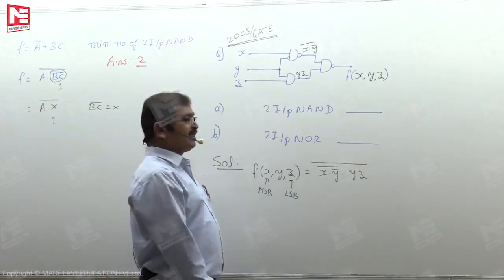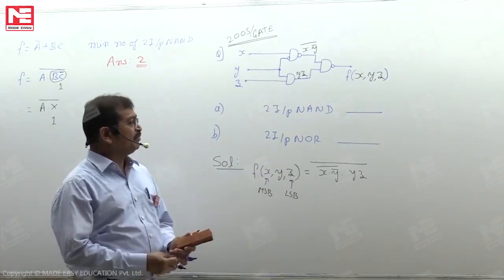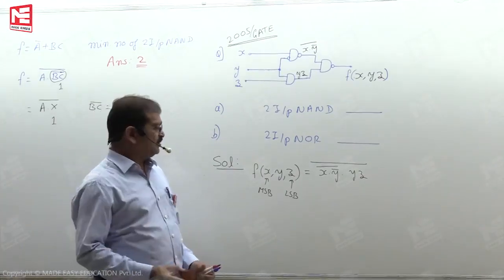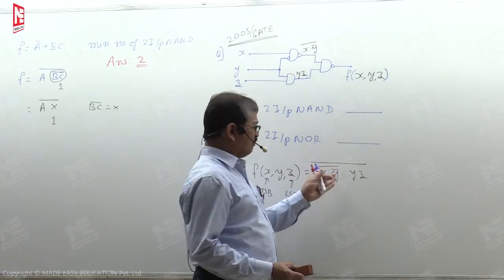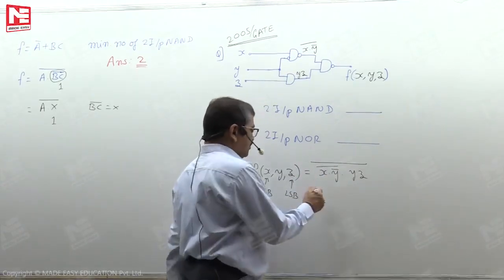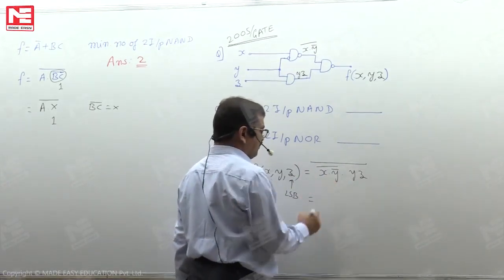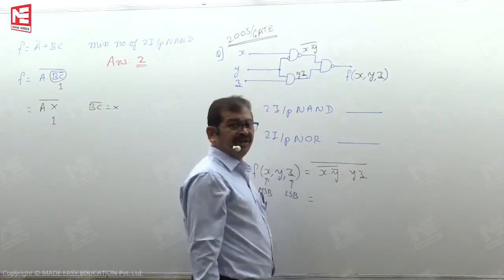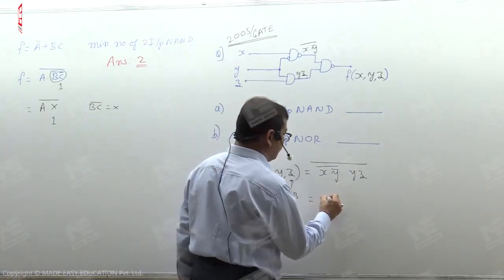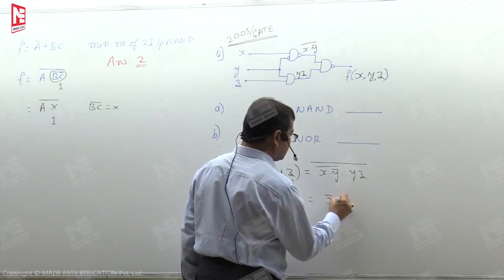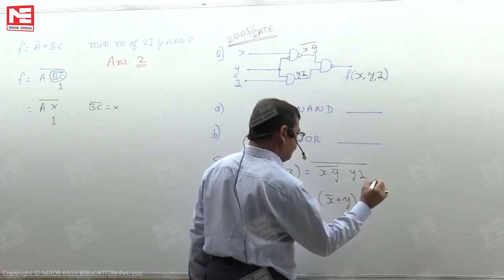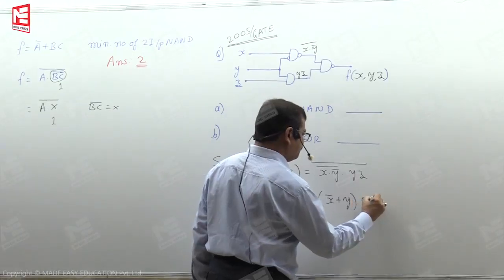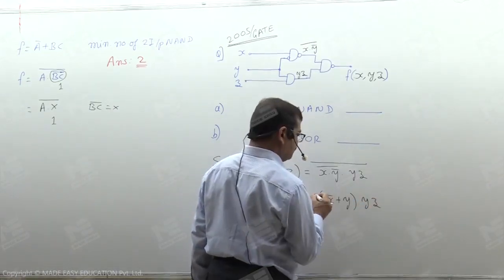One input is X Y complement, whole complement, and the other input is YZ. Hence, X Y complement and with YZ. When we have this sort of expression, you have to evaluate the innermost first. So evaluating the innermost, this gives X complement or Y, and with YZ.